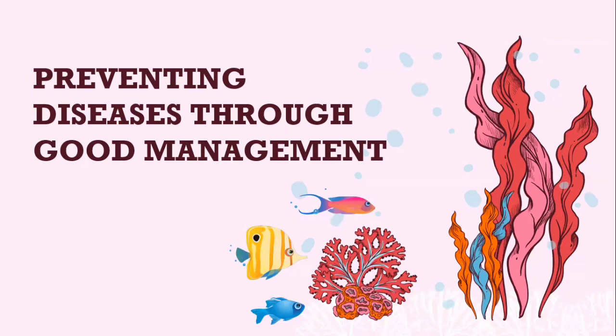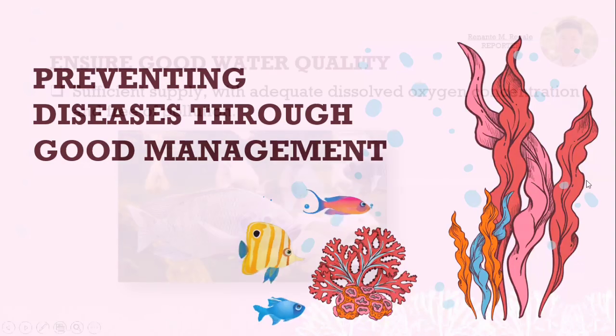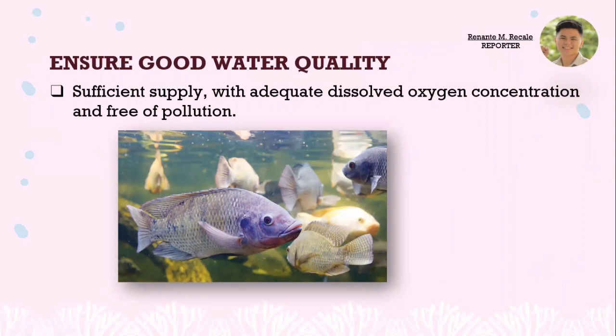So, here is the list of good management practices in preventing diseases in fishes. Ensure good water quality: sufficient supply with adequate dissolved oxygen concentration, and free of pollution. Water quality is the determining factor in the success or failure of an aquaculture operation.